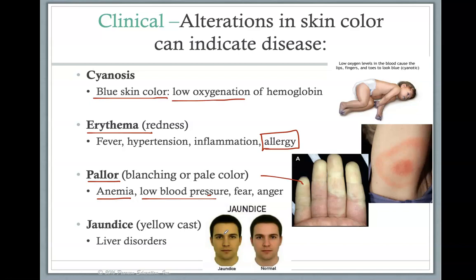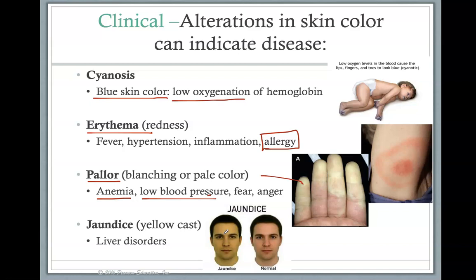Bilirubin is just a byproduct of our red blood cell breakdown, part of the red blood cell recycling process. But the liver is what does the breakdown of that bilirubin. And if the liver is not quite functioning all the way yet in these infants, then that bilirubin builds up in their system.